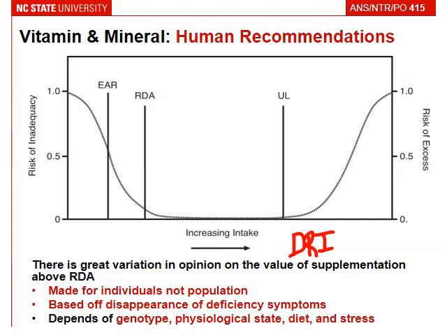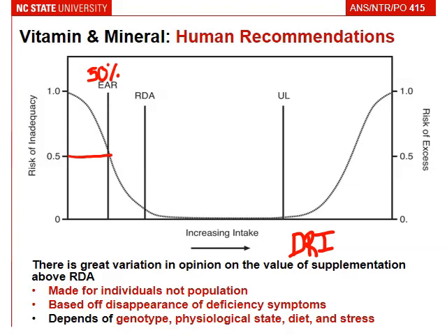This is where you've got a 50-50 shot of being either deficient or adequate. So risk of inadequacy here is 50%. Depending on your particular physiological state, you may be deficient or you may be adequate. So it's very individual.